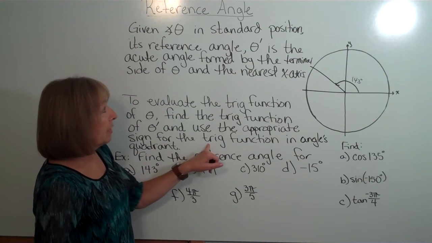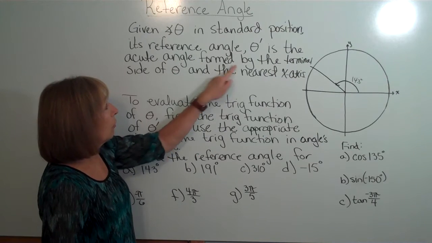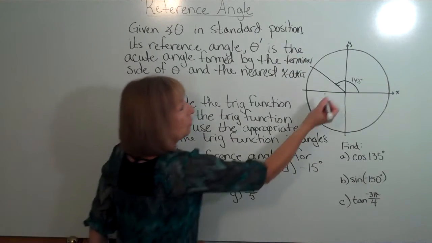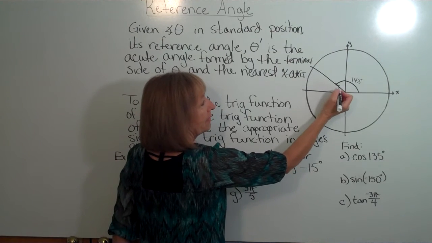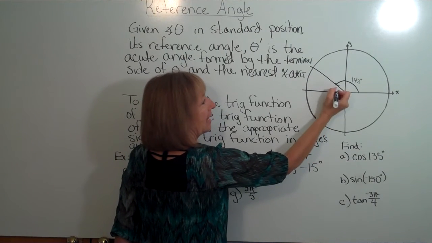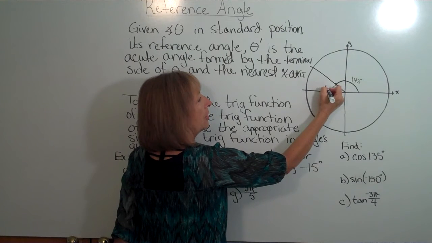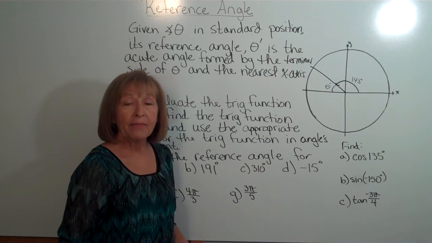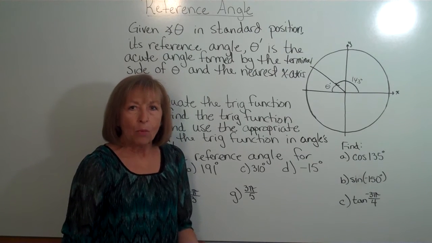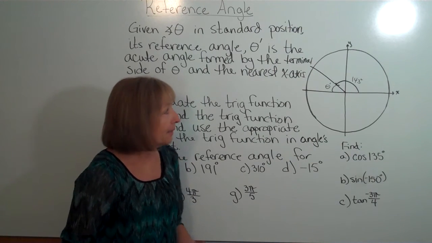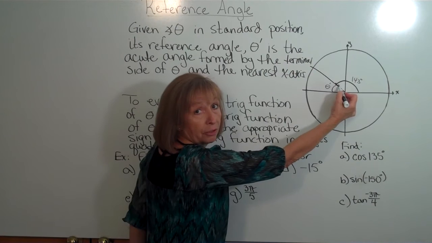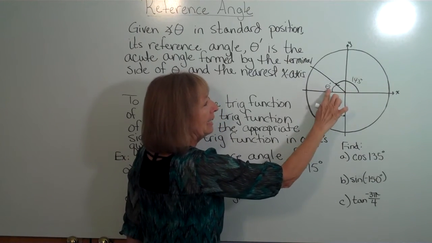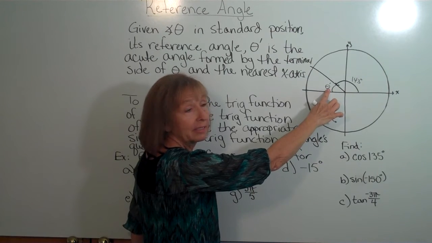Now the reference angle we're supposed to find is the angle formed by the terminal side of theta and the nearest x-axis. Well, the terminal side of theta and the nearest x-axis is right in here. So that's your theta prime for that particular one. And then you want to think, well, how would I figure out what that angle is? Well, 143 degrees is just shy of 180 by whatever that theta prime is.